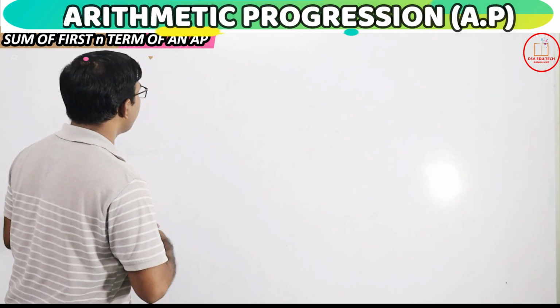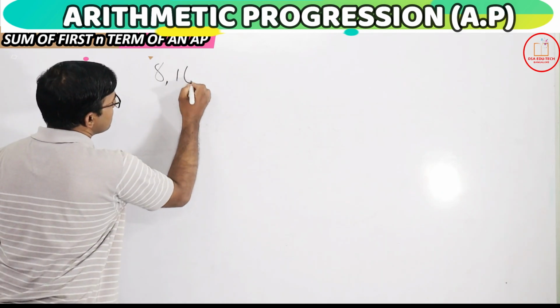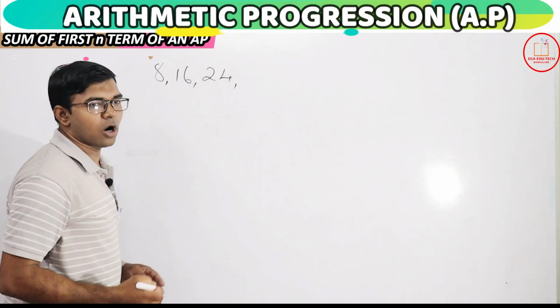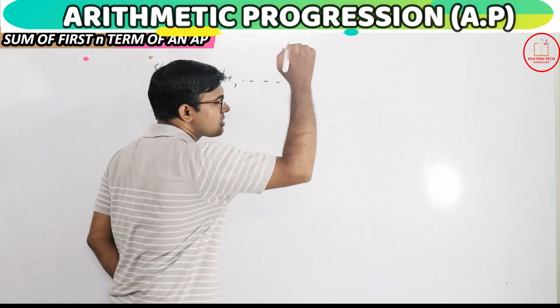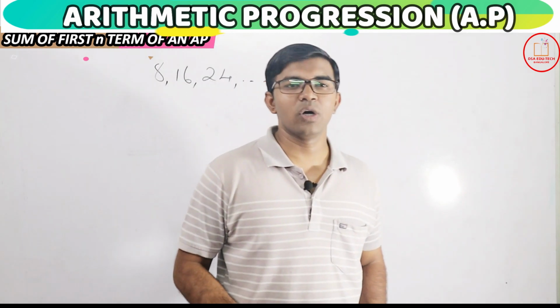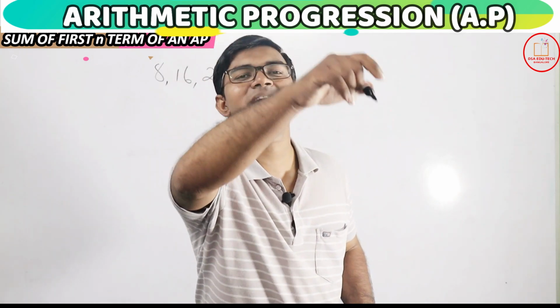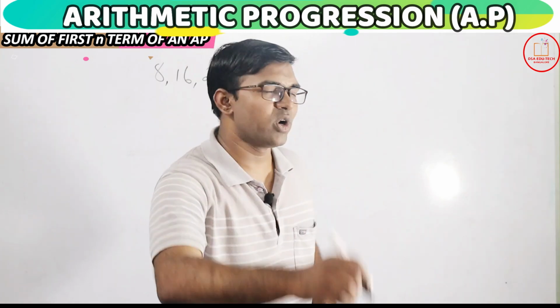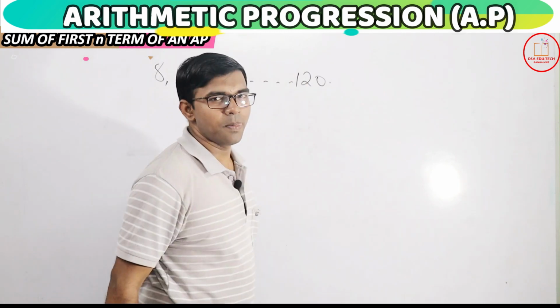So let me write the given AP series as 8, 16, 24, and so on. And since he has very clearly told us the multiples of 8, how many terms are there? 15 are there, right? So what would be the last term in this case? 120. So let me write the last term as 120.